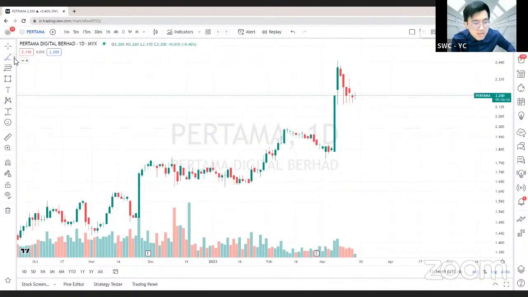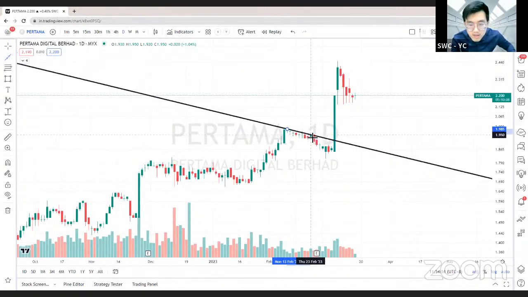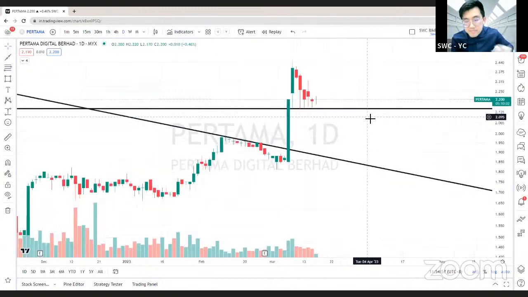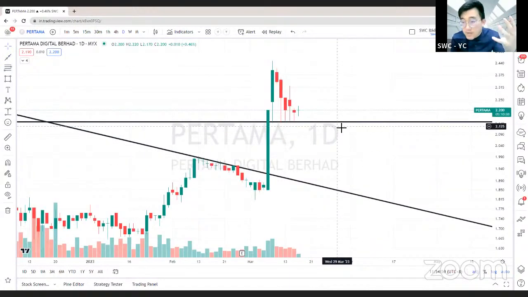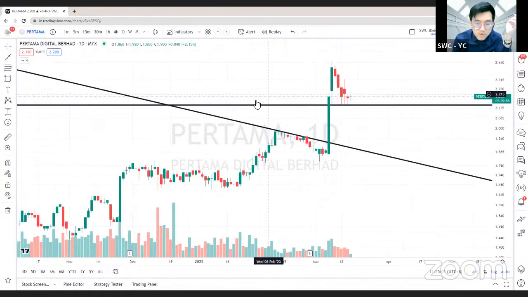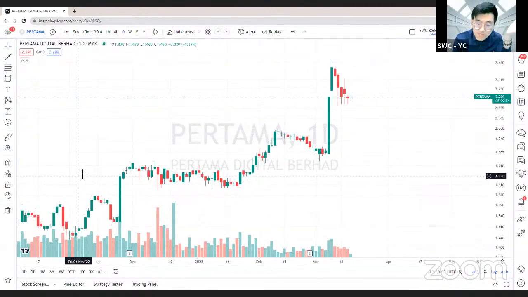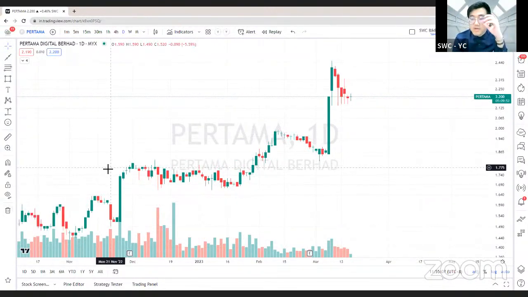Maybe you draw a downtrend line, you draw a support. All this is price movement, so it will be faster. If you know all the drawing already, then you go to the 15 minute chart. You can also draw the same and apply the same strategy. So I hope I answered your question.